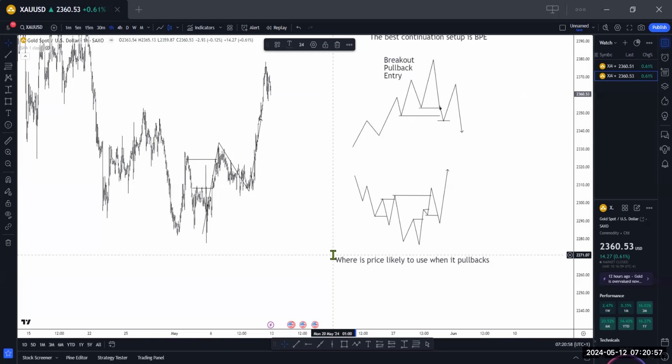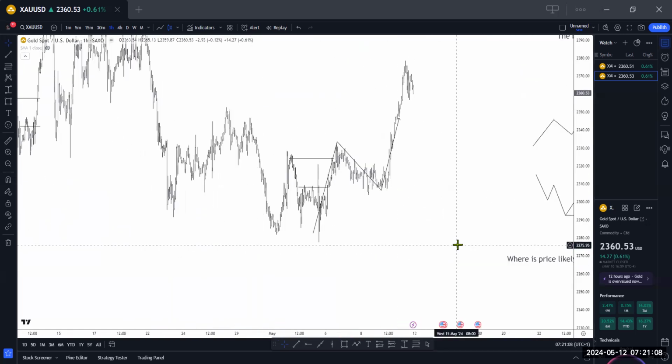So you go one time frame above to look for valid SNR levels to trade from. If you don't see one time frame above, then you go two time frames above. And after you've done that, you then do your MTF.